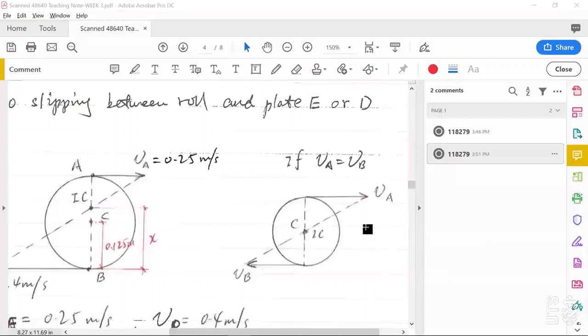A question here is, if plate D and plate E have the same velocities, what will happen?